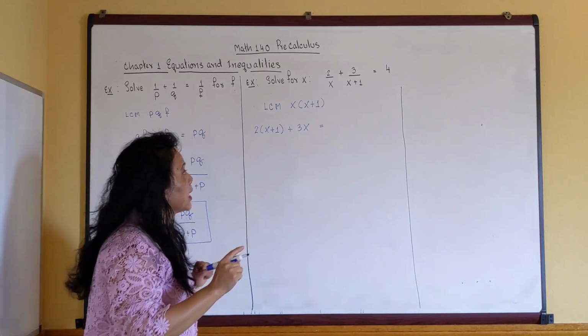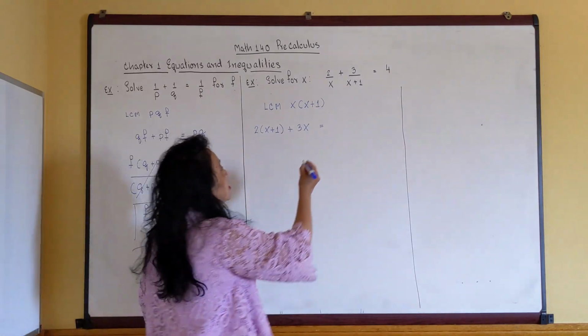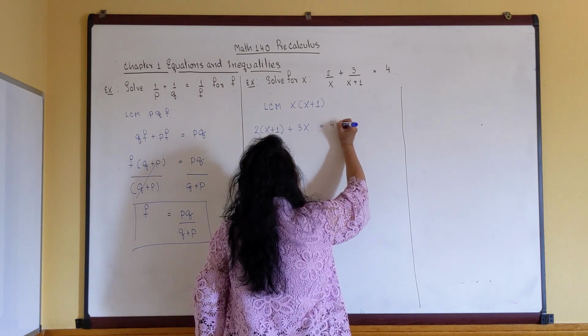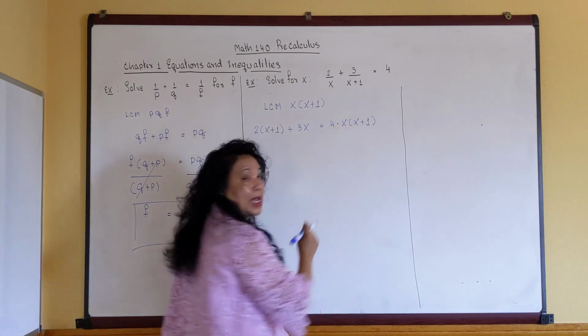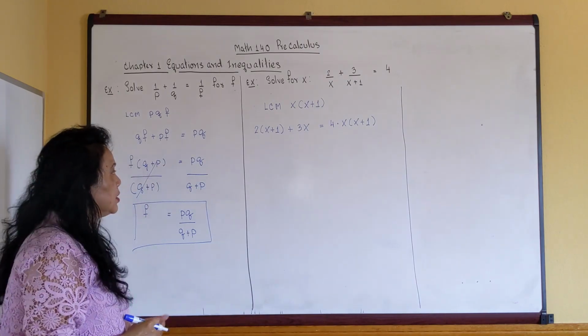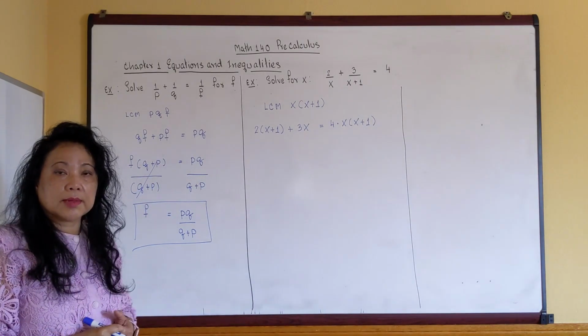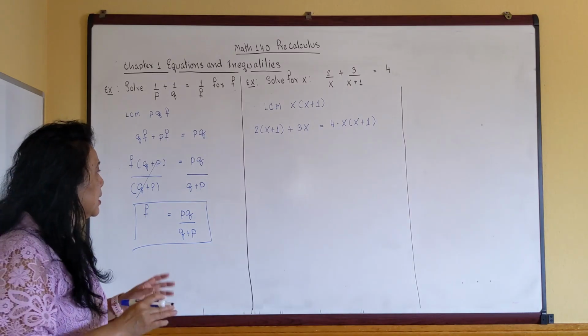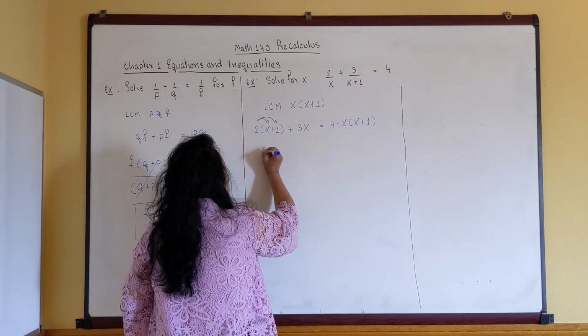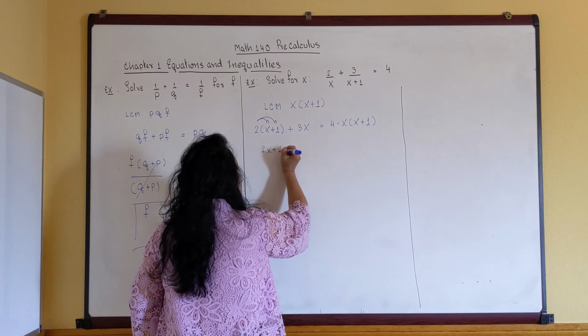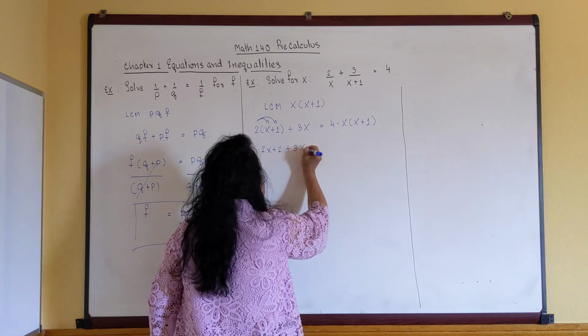On the right hand side, I don't have a denominator, so I have 4 times x plus 1. Now I've gotten rid of the fractions, which looks better. Next, I'm going to use the distributive property. I have 2x plus 2 plus 3x.